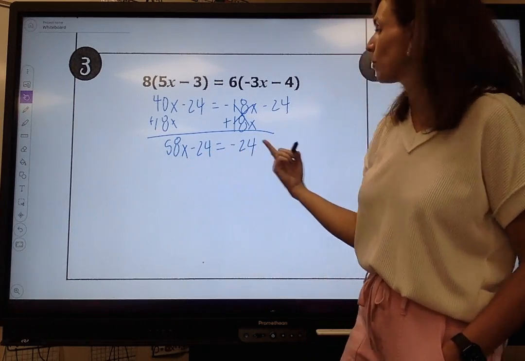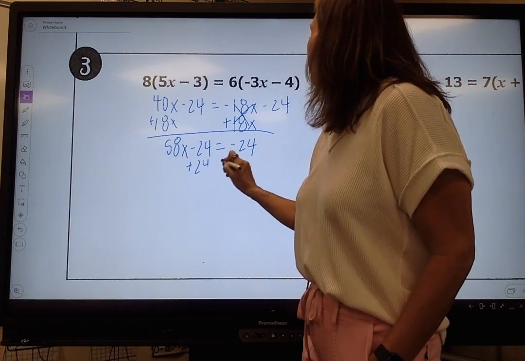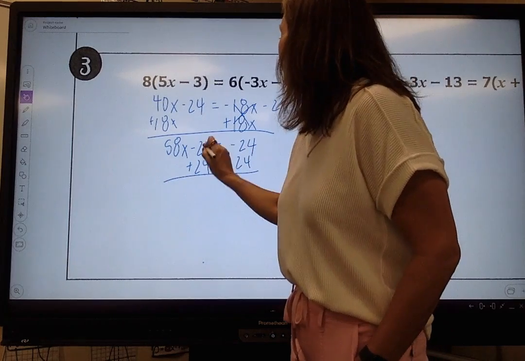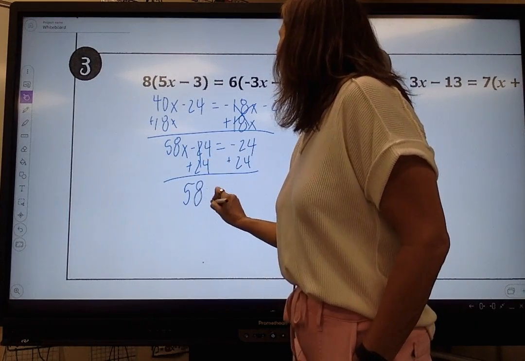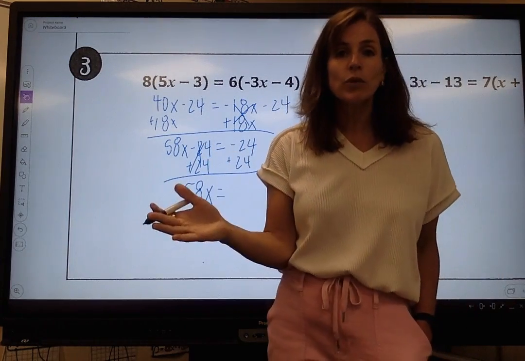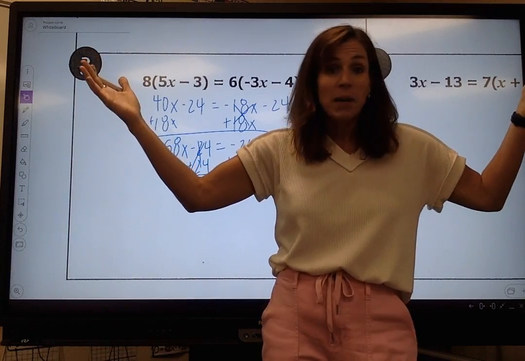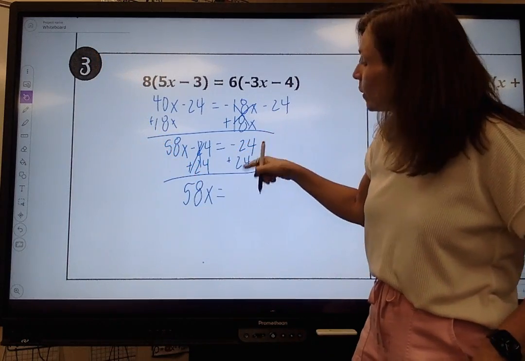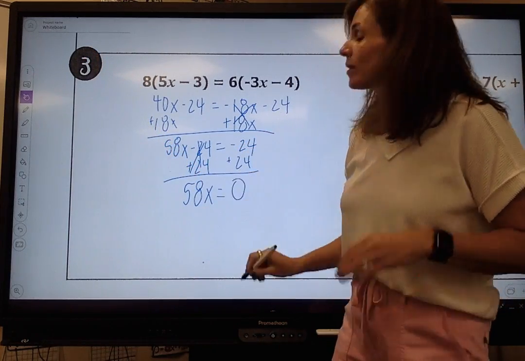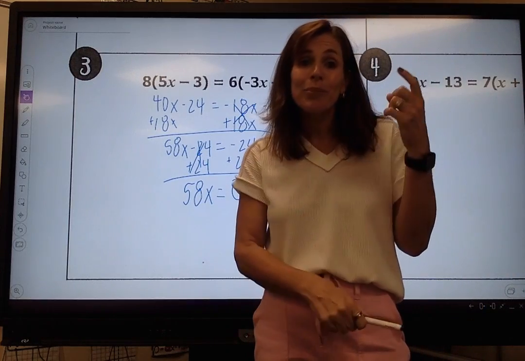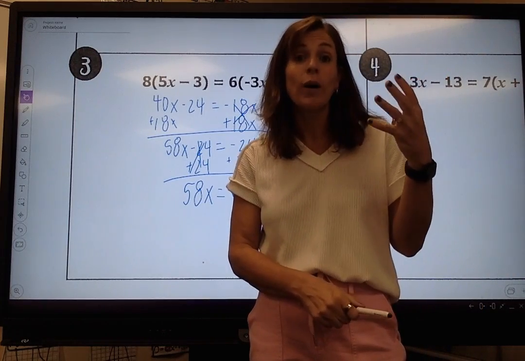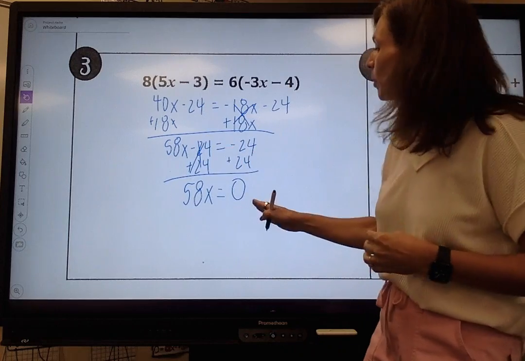I get my constant terms on my right, so I'm going to add 24 to both sides, and I get 58x equals, and this is where students make stuff up. 24 and -24 equals 0. 0 is still a real number. It's rational. It's an integer. It's whole, right? It is still a number.